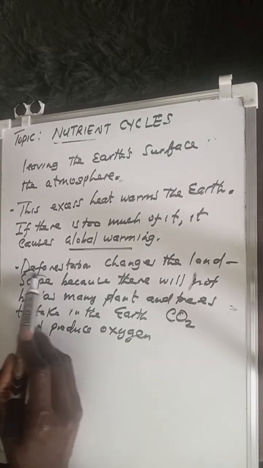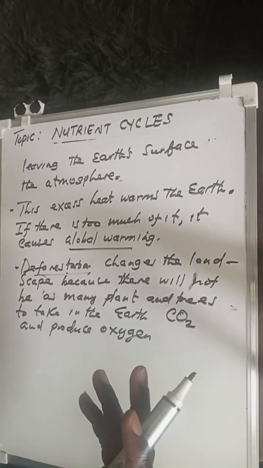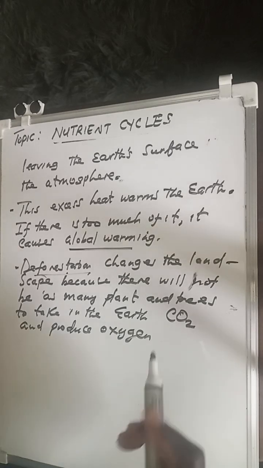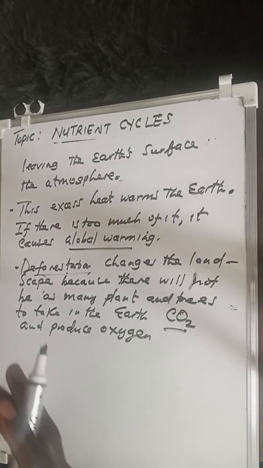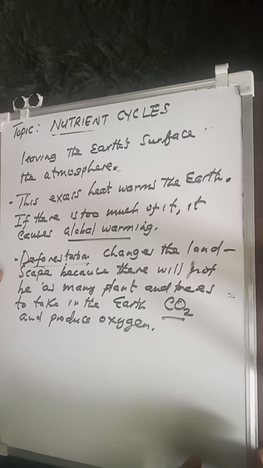So once deforestation is there, it changes the landscape in the sense that there will be few plants and trees available to absorb carbon dioxide to produce what we are calling oxygen.